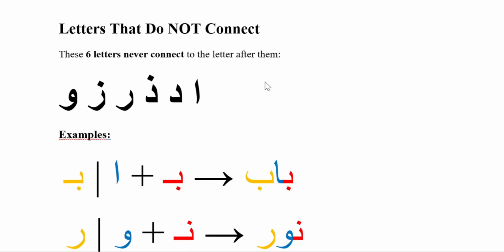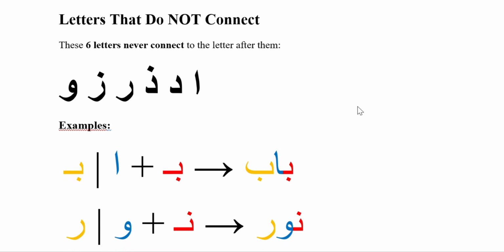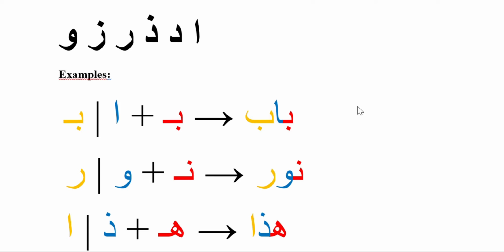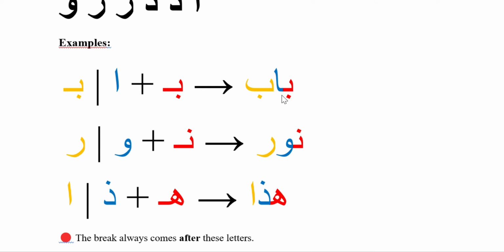And we have some letters that are not connected to the letter after them. We have alif, dal, zal, ra, zai, and waw. For example here, bab means a door.